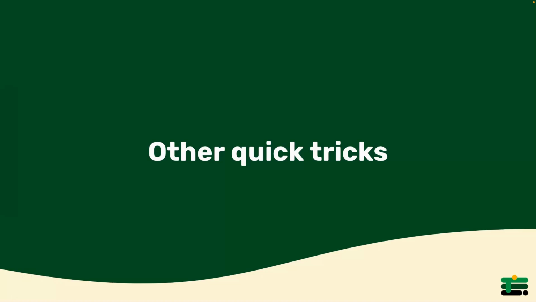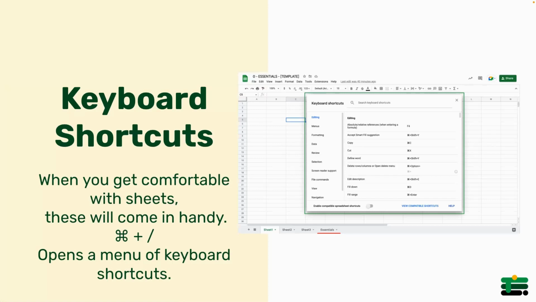Now, some other quick tricks. When you get really comfortable with sheets, these will come in handy all the time. If you're using a Mac, you can hit Command /, which opens a menu of keyboard shortcuts. You can look for things about editing, the menus, formatting, data, all sorts of different shortcuts that make your life easier once you've gotten the hang of the basics.